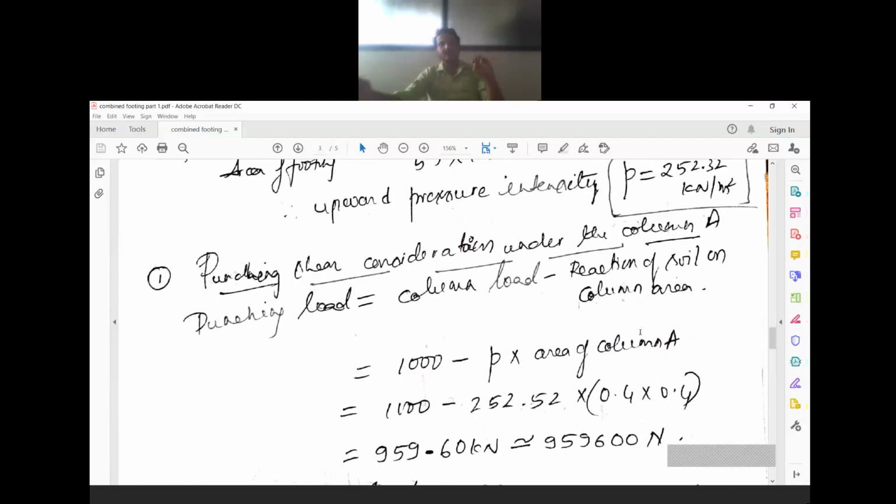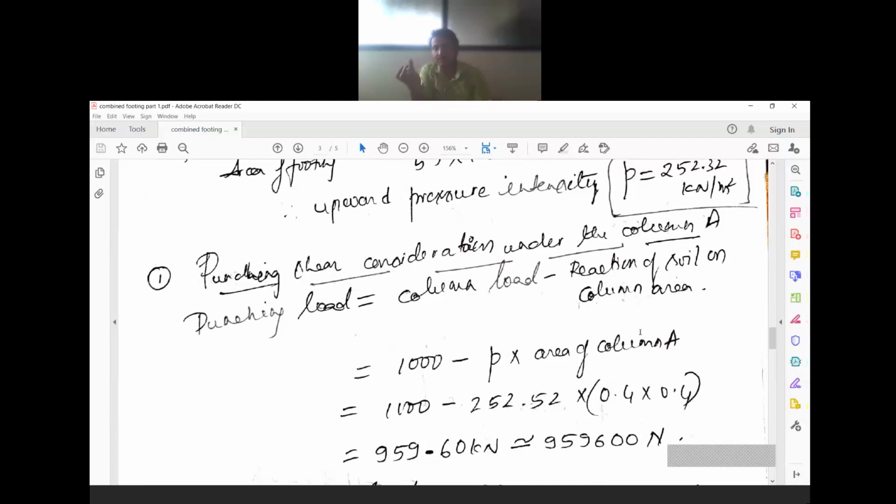When calculating the depth of foundation, what all do we need to calculate? We need to calculate the bending moment, the maximum bending moment. According to the maximum bending moment, we have to calculate the depth of the foundation. In RCC, we have the ultimate moment formula. Using that formula, we can calculate the depth of the foundation. How to calculate it?